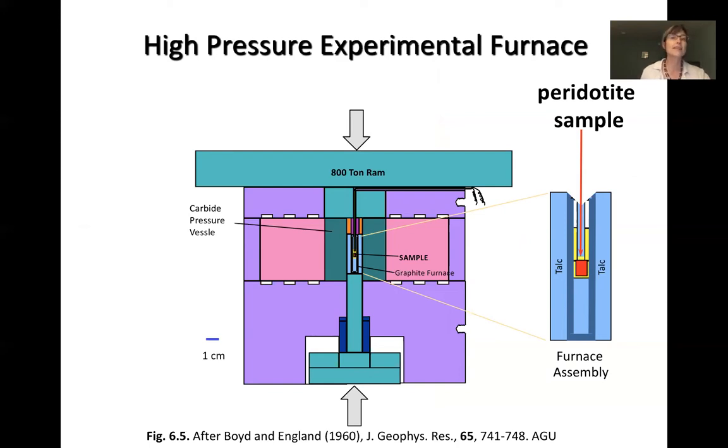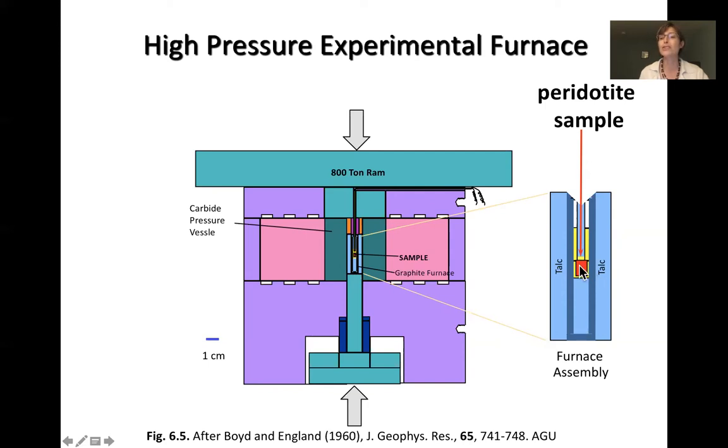This is a cross section of a high pressure experimental furnace that can control both the temperature and the pressure during an experiment. Here we see the wires. This is the thermocouple that comes in to control the temperature in the sample. And over here to the right, we see the sample much larger.